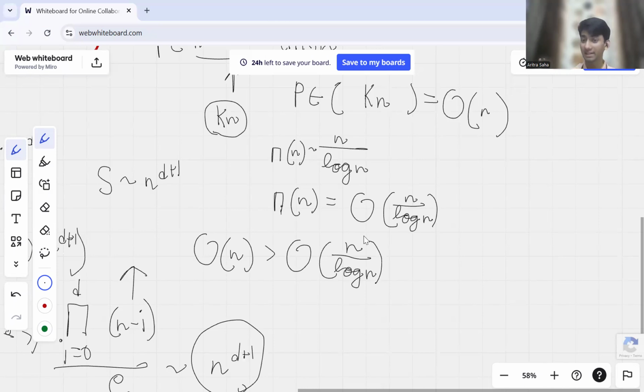So the gap has O of n, and there are n by log n primes, and the gap is n. So there must be some prime, right? Because the gap is more than the number of primes. But n by log n is for 1 to n, not for any gap of length n.